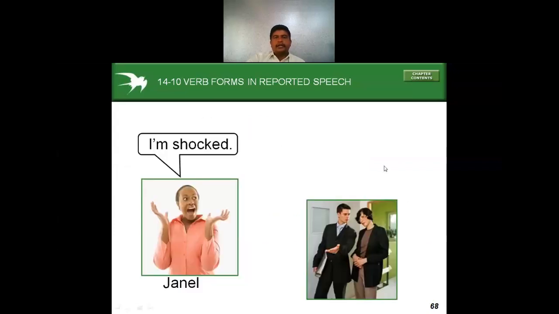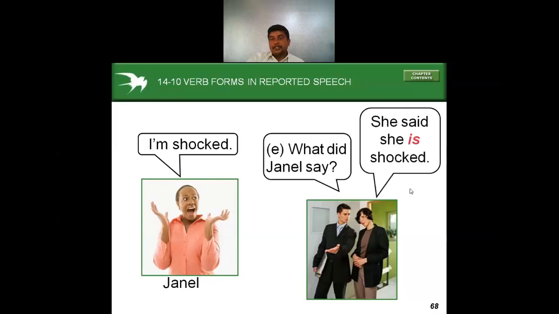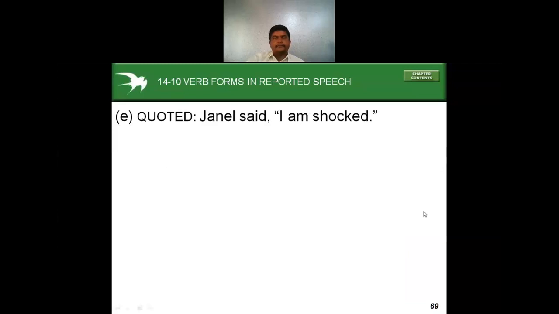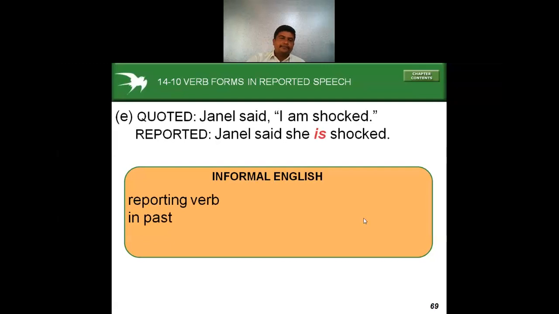Verb forms in reported speech. This is very important. "I am shocked." What did Janelle say? Yes, she said she is shocked. Quoted: Janelle said, "I am shocked." How do you change it into reported speech? Janelle said she is shocked.